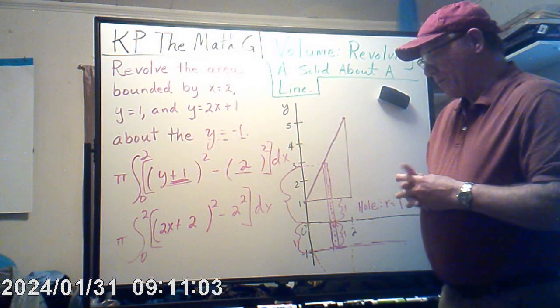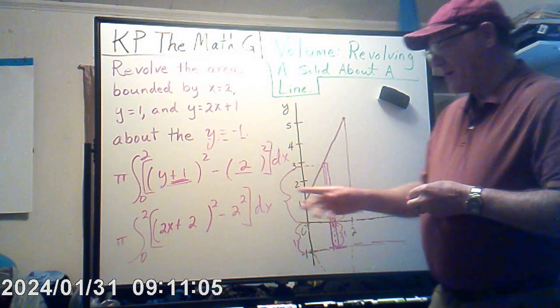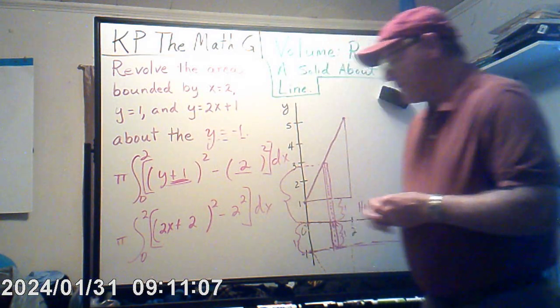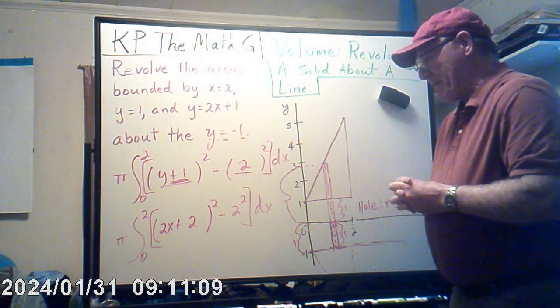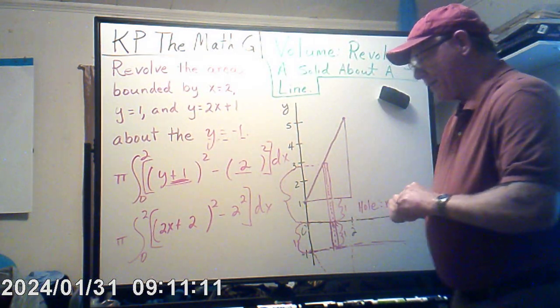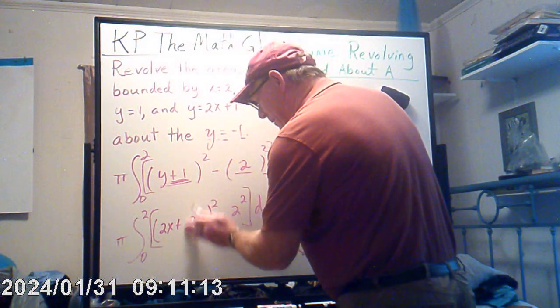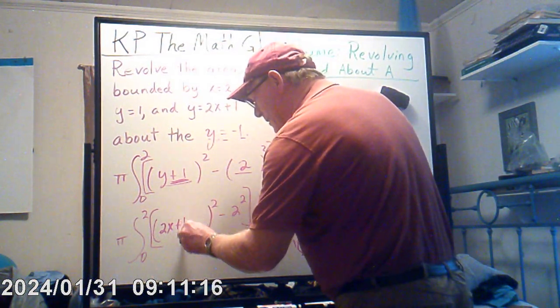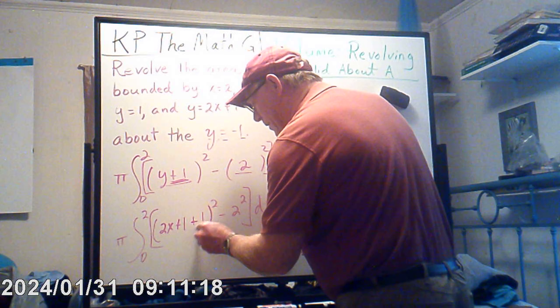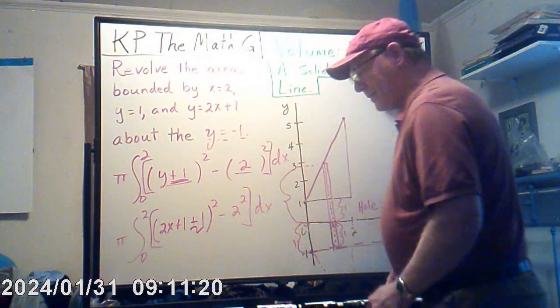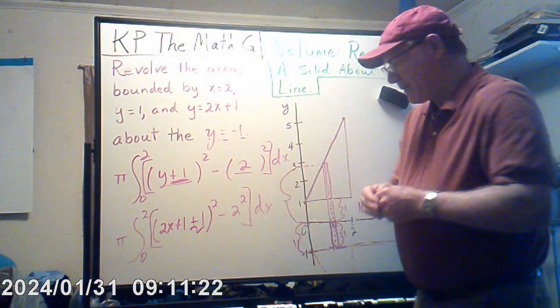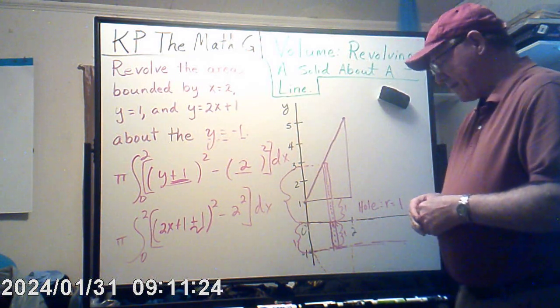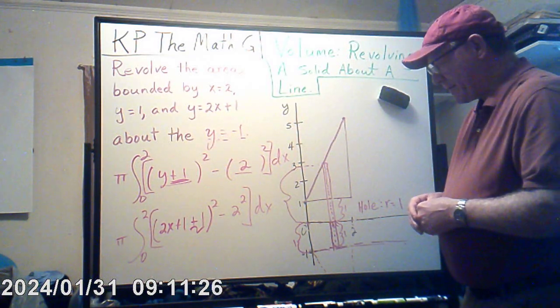Okay, and we're still going to be left with the rest of it to do. But anyway, that's it. This is what it was. Y plus 1, that would be 2x plus 1 plus 1. Just like that. Okay? Alright, there it is.